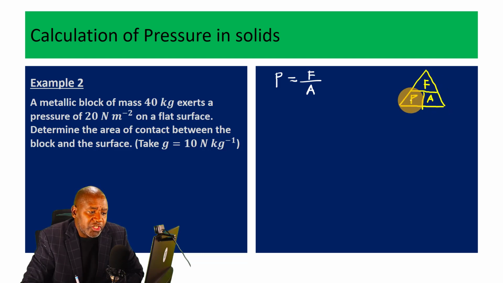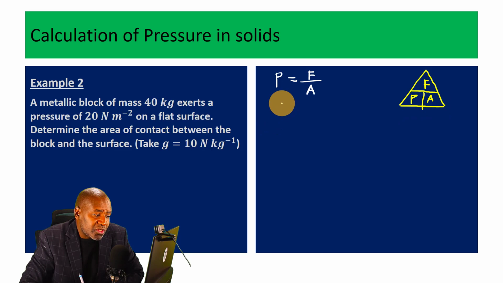When I want pressure, I cover pressure with my hand, and what is left is force over area. If I want area, I cover area with my hand, and what is left is force over pressure. And when I want force, I cover force with my hand, and then what is left is pressure times area.